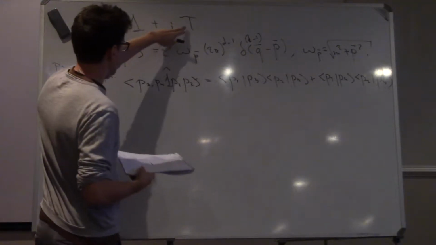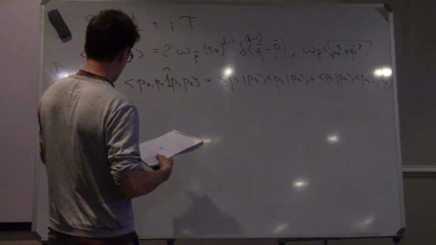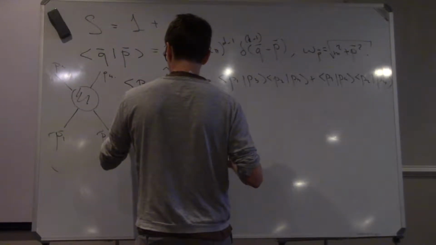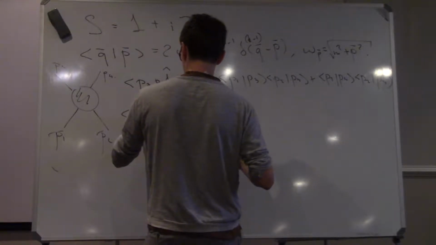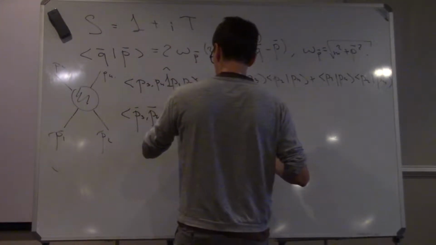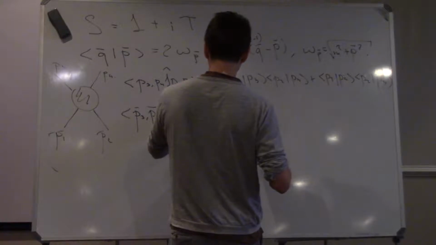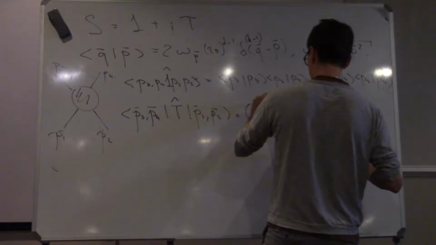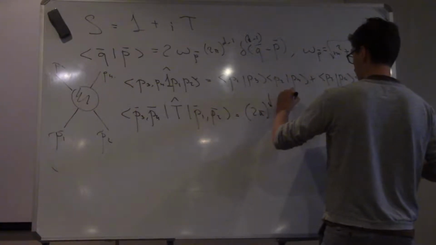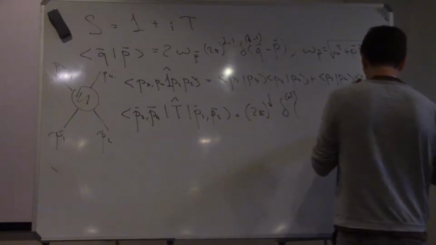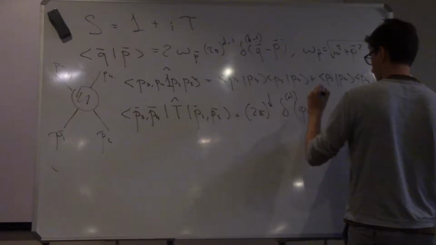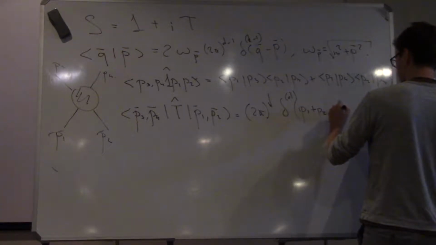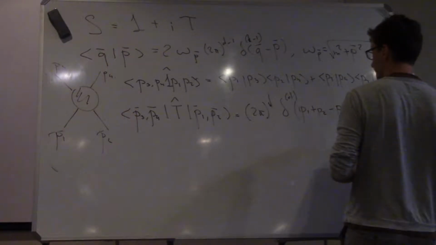The most interesting part is coming from this T operator. So it's common to consider states with momenta P3, P4, T, P1, P2, and write it as 2 pi to the d times the momentum conserving delta function. Since we assume that the quantum field theory is relativistic invariant, the energy momentum is conserved.